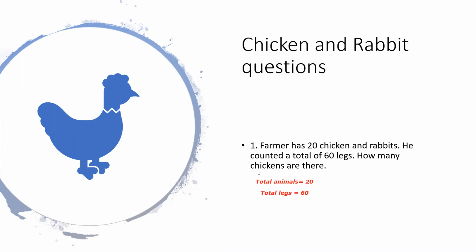So is this all we know? Well, there's something else we know. We know that chickens have 2 legs and rabbits have 4 legs. So if we know all these, how are we going to solve the question?